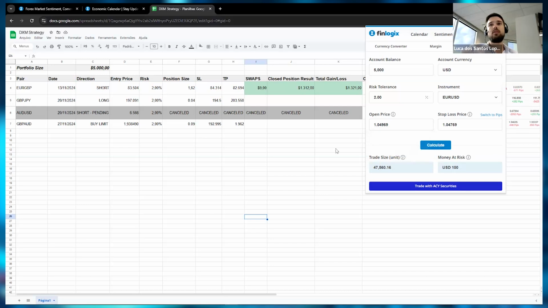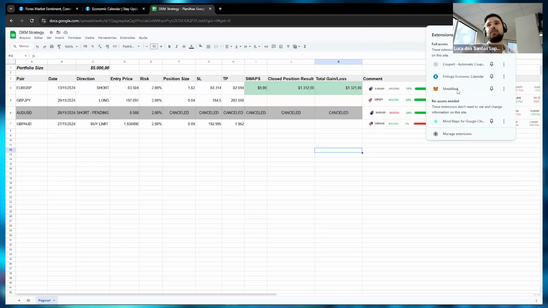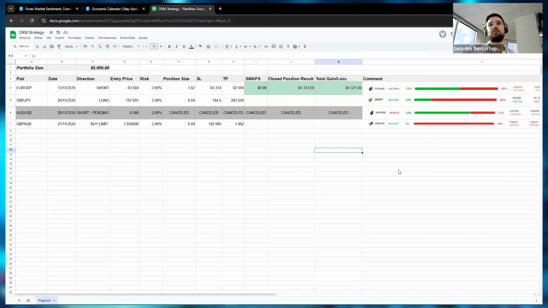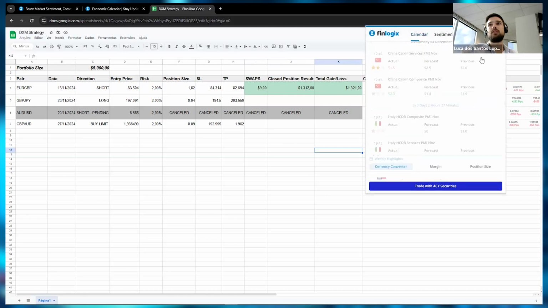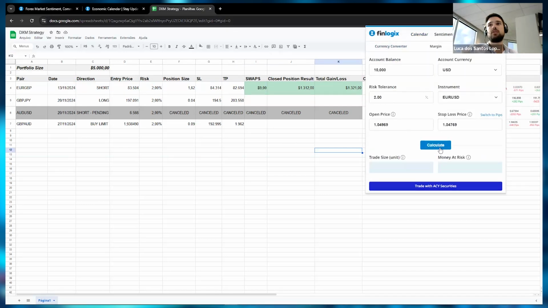You can always ask ChatGPT as well to give you a calculator for position size. You can switch to pips here as well. If you want to put in pip size, but I prefer open price and stop loss price, much better.